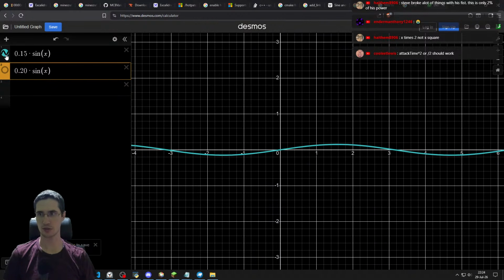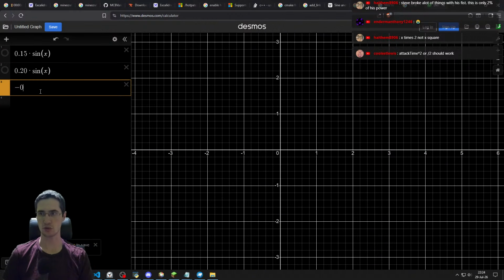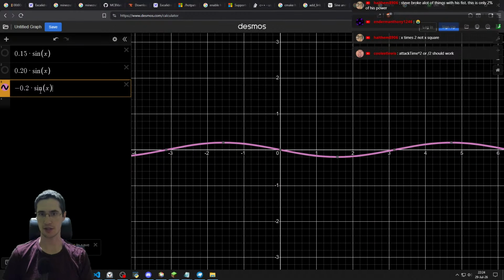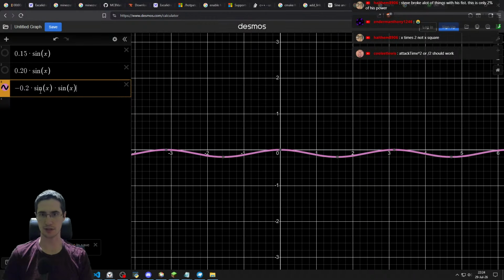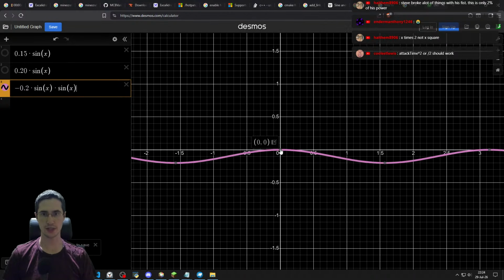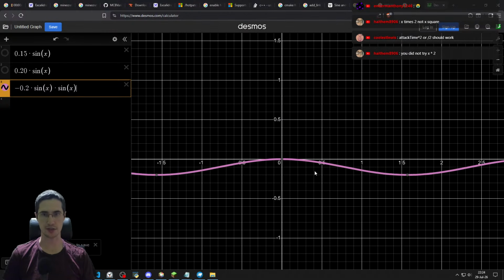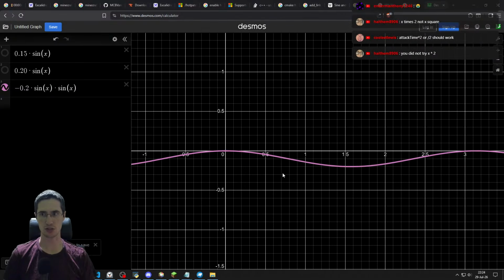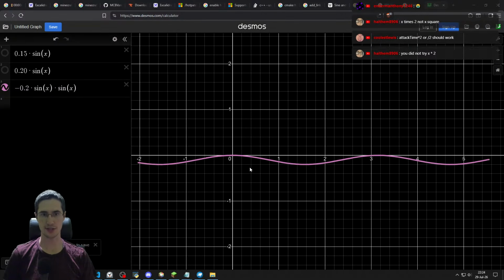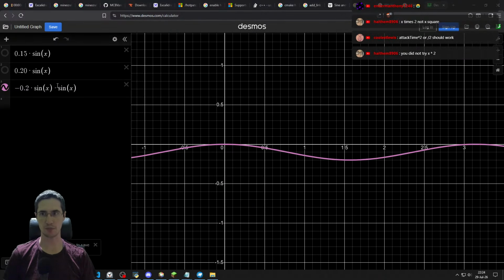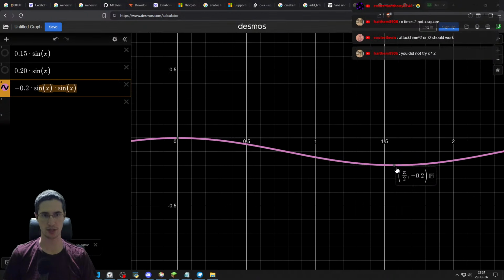Let's test it out. Minus 0.2 times sinus x times sinus of x. Oh, look at this, chat. So it's between 0 and minus 0.2. That's what happens when we multiply both sinuses.